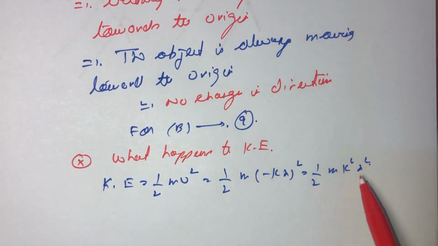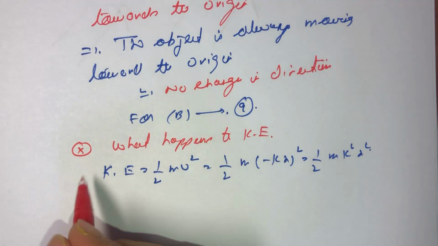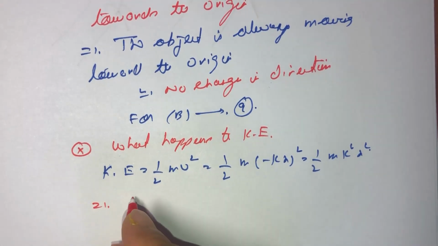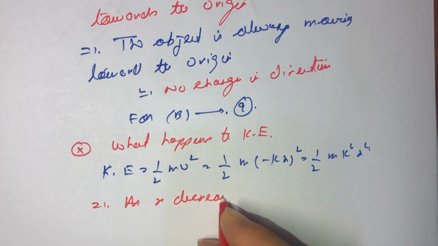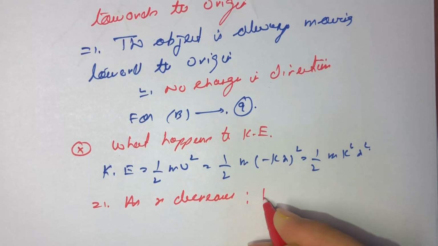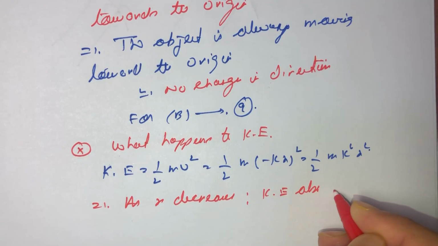So it means if x is going to decrease, the kinetic energy is also going to decrease, which implies that as x decreases, kinetic energy also decreases.